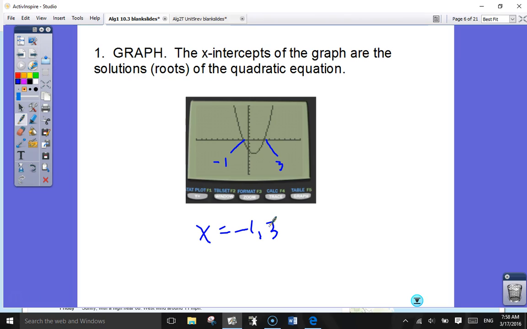You need to know how to factor. There are things that we use that you need to know how to factor. And there are times, and we'll see it here, where you can't find the solution this way. So what possibly could be the situation where there would be no solution? Since we said the x-intercepts are the solutions, if there's no solutions, that means there's no x-intercepts, and that happens.